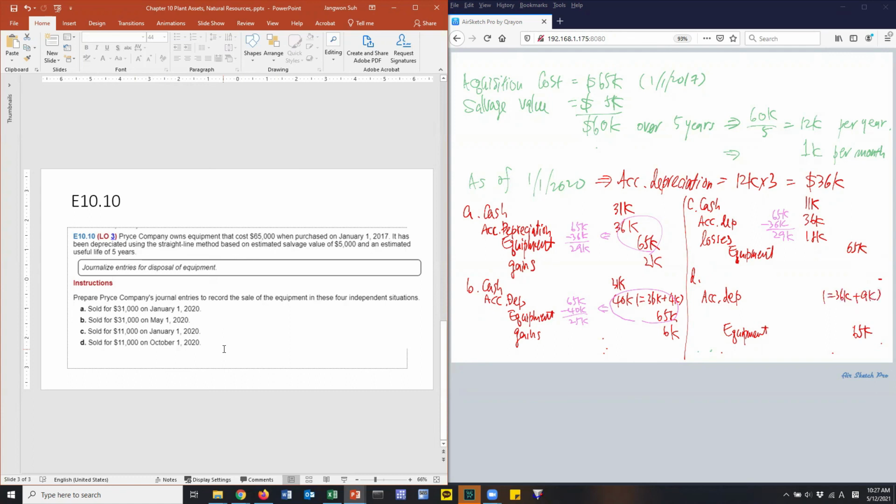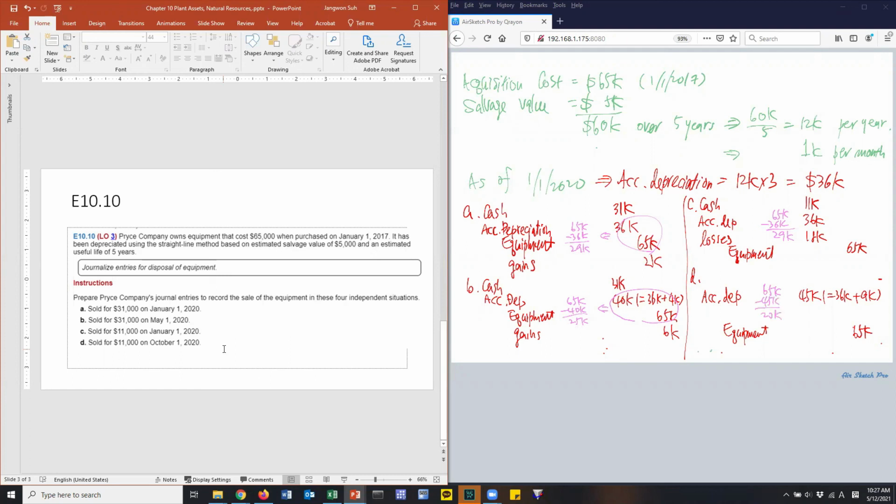Again, your accumulated depreciation over the first 3 years and the extra 9 months becomes 45K, meaning your book value of the asset is 65K minus 45K, which is 20K.